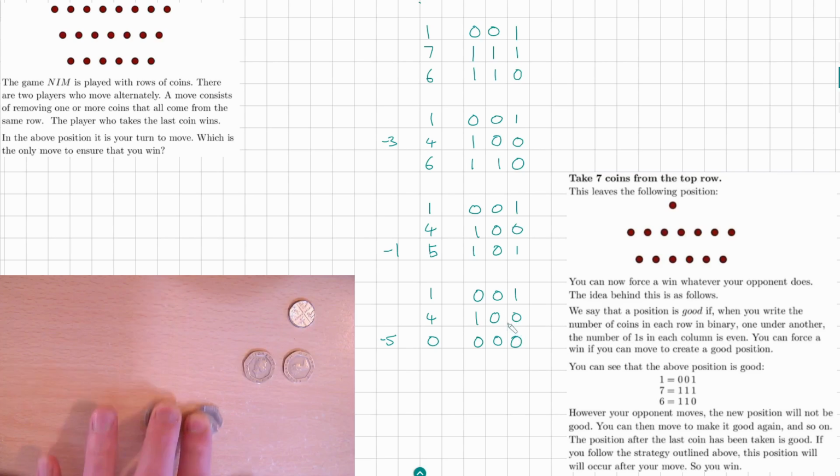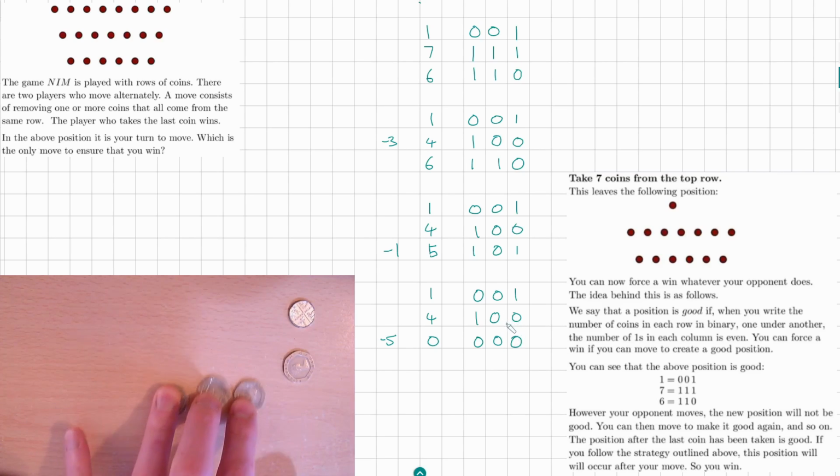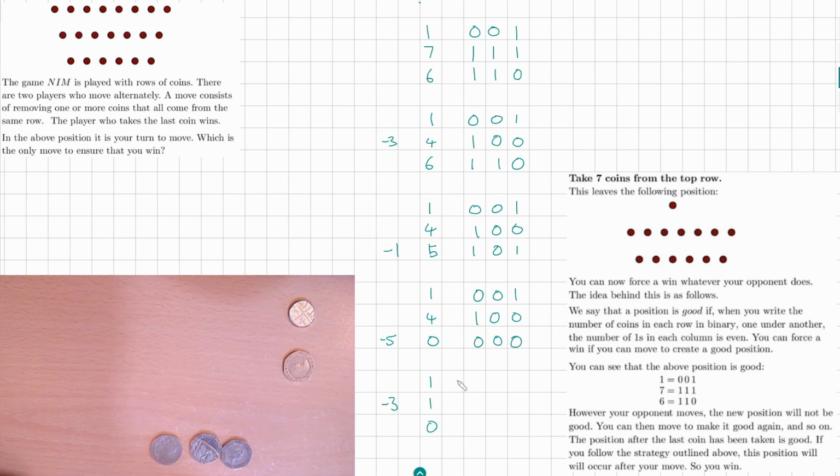That'd be 1 in each column. That's no good. So if I take 3 away, that would leave us with 1 in that column, 0 in that column, 0 in that column, and 2 1's in that column. That's the move. So we've got to take 3 away from the second row. That leaves us with 1, 1, 0.